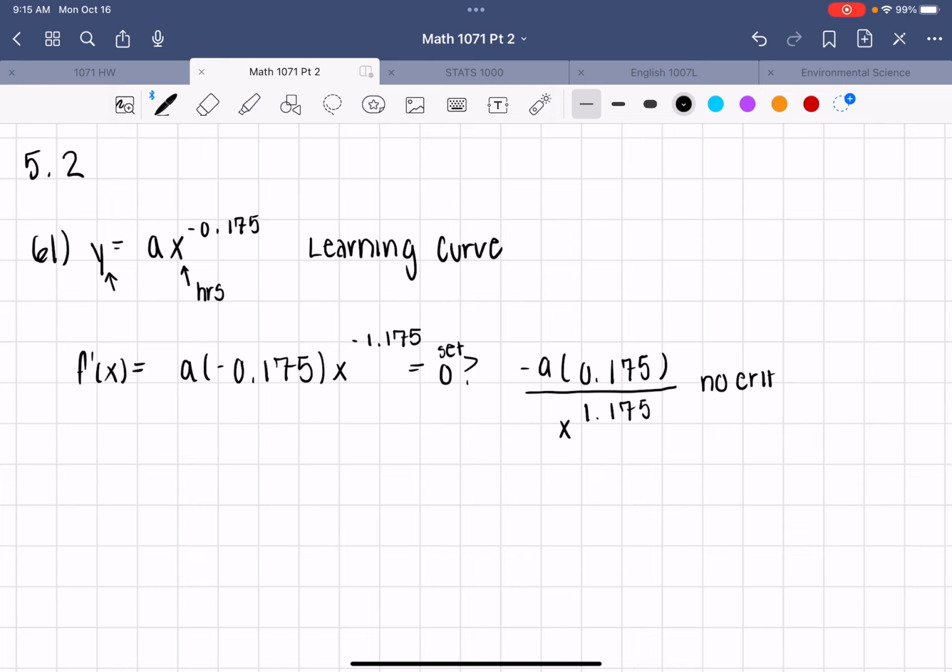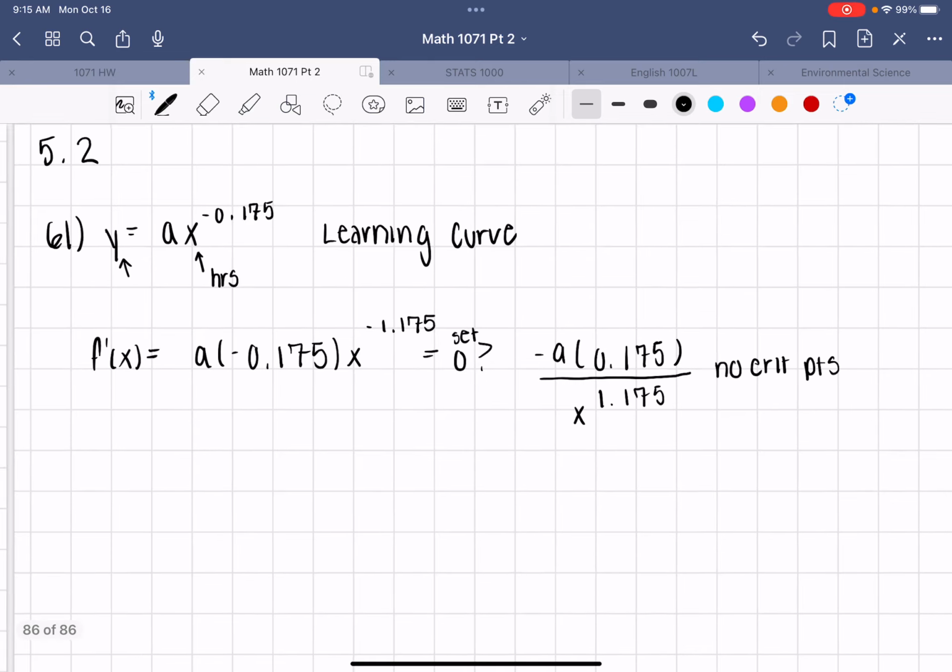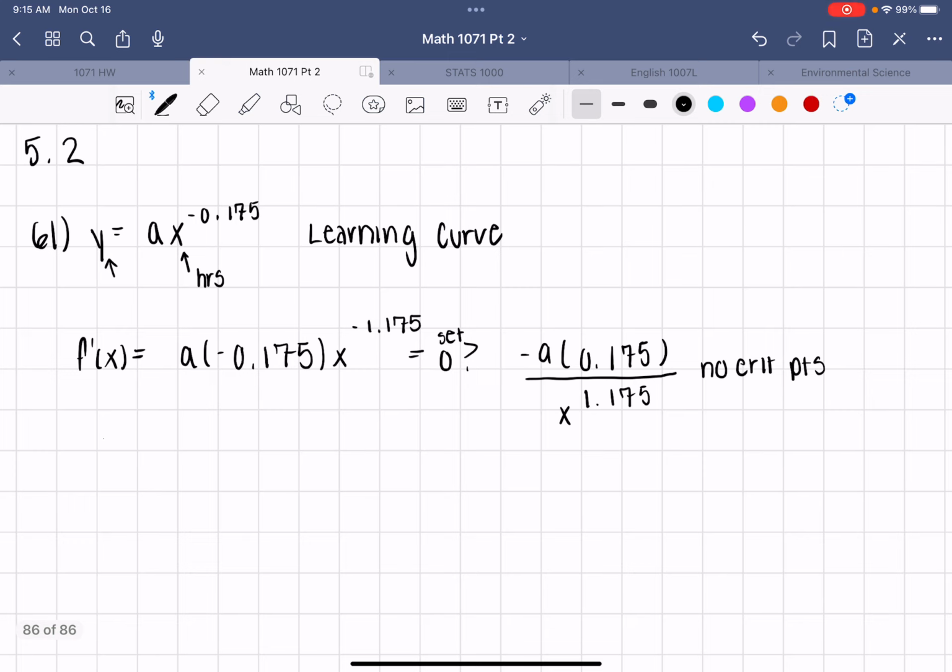And now how about your second derivative? You call it y double prime or d squared y over dx squared. Do the derivative again. And so here you got two negative numbers: negative 0.175 times negative 1.175.